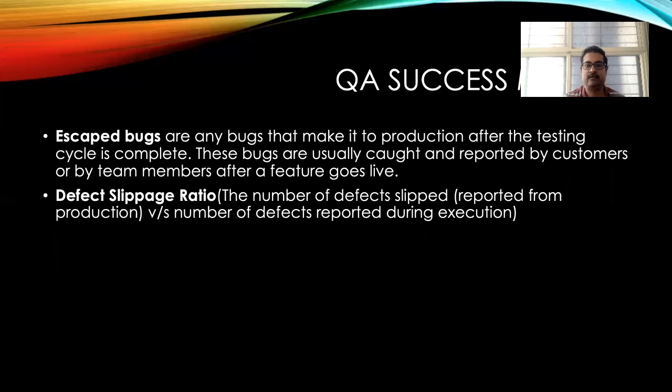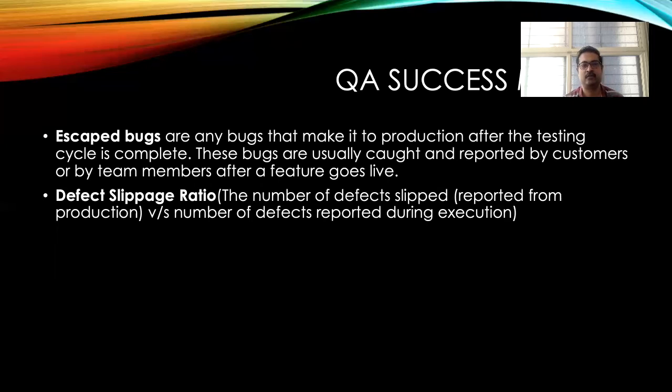It's basically the number of defects found by the customer divided by the total number of defects reported during the execution. Let's say you found 40 critical bugs over a period of maybe 1 month of testing. You reported 40 critical bugs, then you sent it to the customer, and the customer reported 4 critical bugs. So 4 by 40, it's 10%, right?